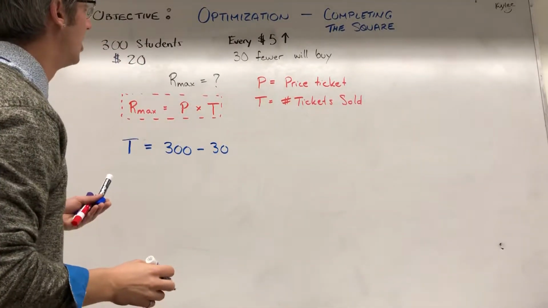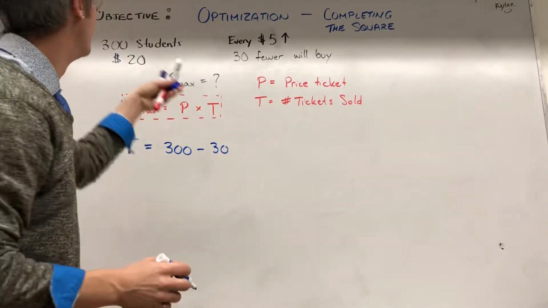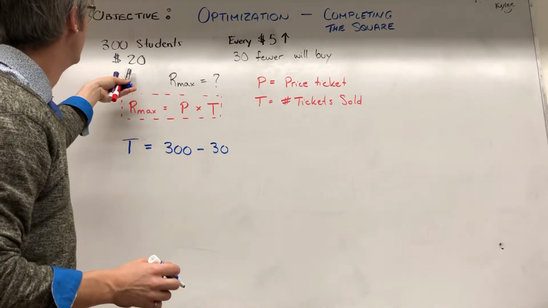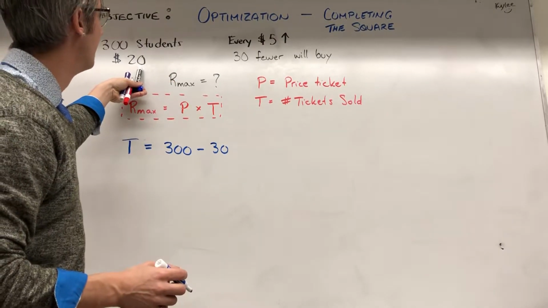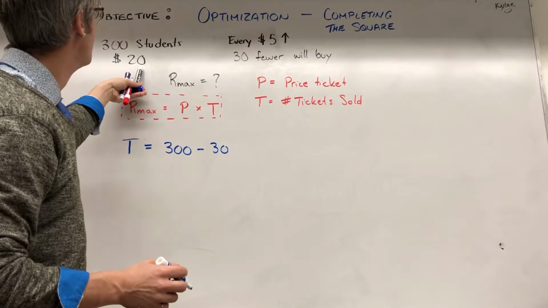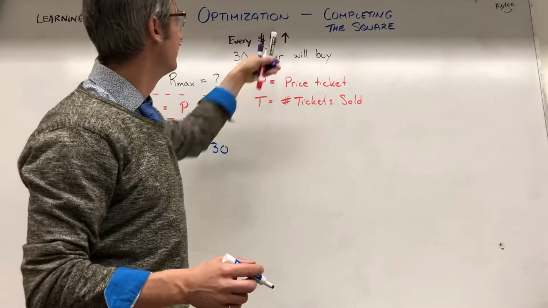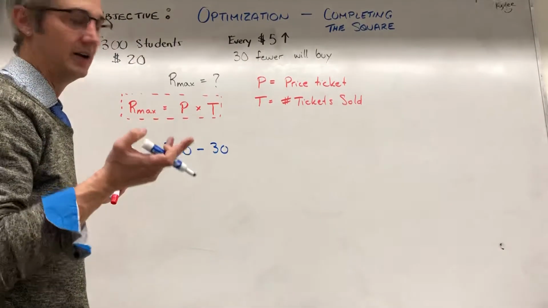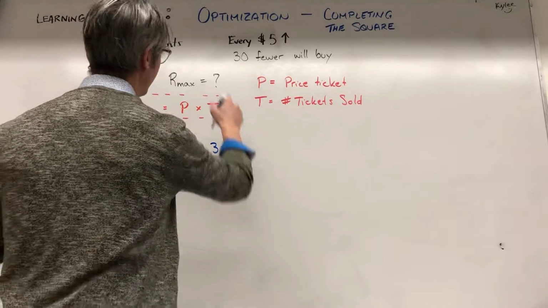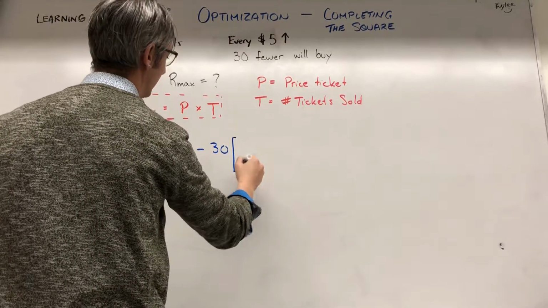Well, our price minus $20 divided by $5 will tell us how many $5 increases we've had. And then if I multiply 30 by that number of $5 increases, I'll get the right information.